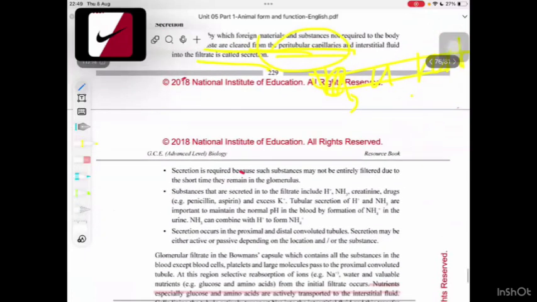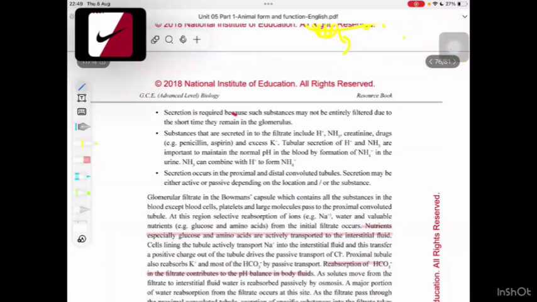Okay. Now they're telling us why secretion is required. Secretion is required because, as I told you, substances might not be entirely filtered due to the short time they remain in the glomerulus. Yes, due to ultrafiltration most of the particles get filtered, and that is why they have that adaptation also: the afferent arteriole is thicker than the efferent arteriole.